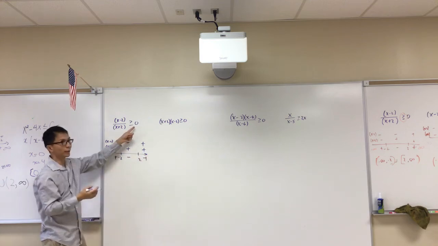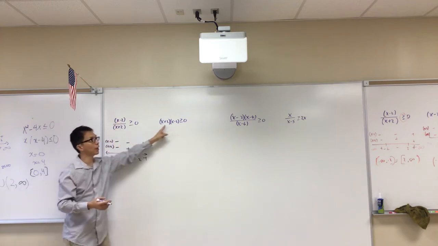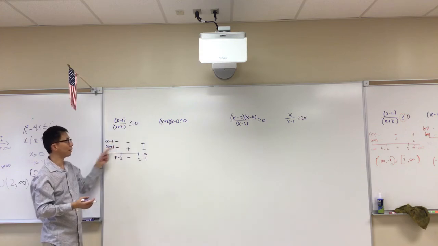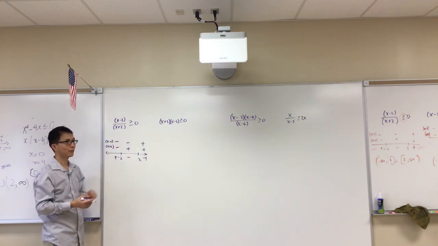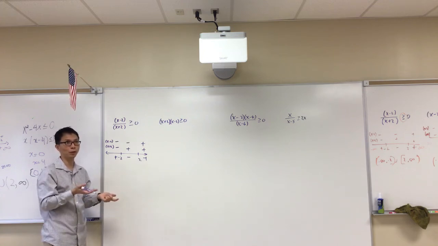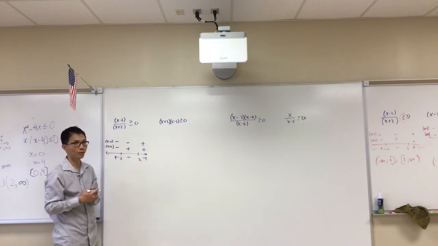So it's still greater than 0 because it doesn't matter if they're dividing or multiplying. Negative divided by negative is still positive. Negative divided by positive is still negative, regardless they're multiplying and dividing, because the sign essentially is going to work identical. So positive, positive is going to give you positive.